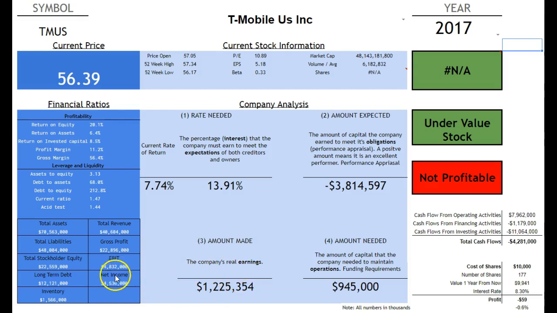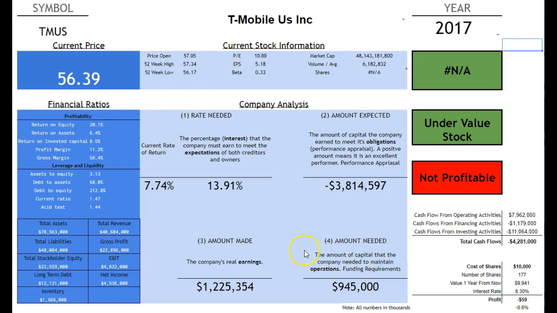This is not the same as the net profit. Very different, but what you want is positive numbers here and positive numbers here. And the last section is the amount needed for basically daily operations. This is nothing more than a pro forma statement.